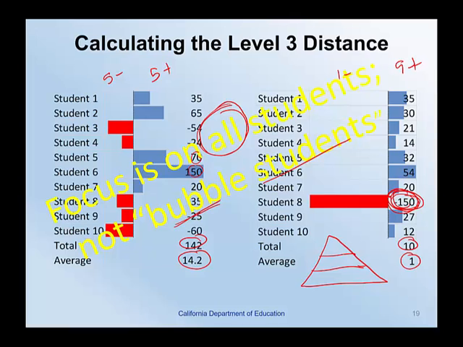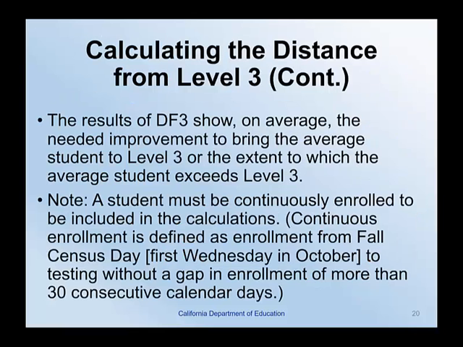So you just want to be mindful how you are demonstrating your scores out to your public, how you are focusing on students, and basically the big message is that we focus on all students and we give students very targeted support. So this slide right here is just saying that this is how we calculate the distance from Level 3. It basically is telling us it's the needed improvement to bring the average student to Level 3.